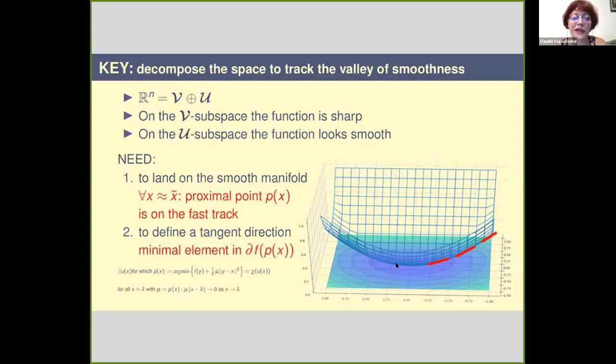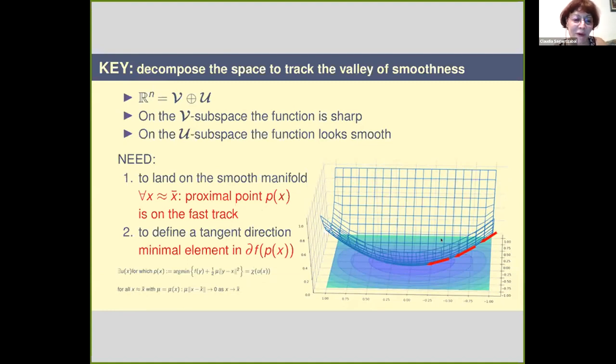And then to define the tangent direction, once we are at a point that is smooth, we need to find a minimum: we will find the element of minimum norm in its subdifferential. And what is stated here is exactly what we mean by the proximal points being on the fast track, for those who like formulas more than hand waving and drawings like I'm doing here.